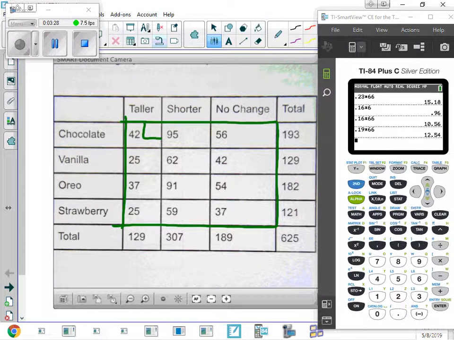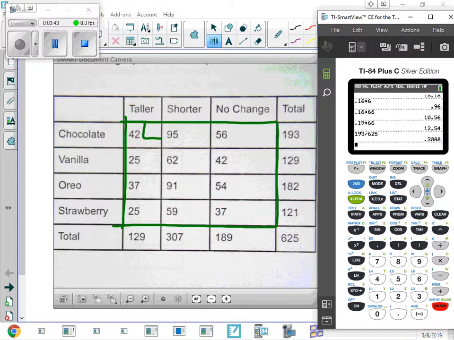Well, I need to figure out how many people preferred chocolate. So I'm going to take 193 and divide that by the total of 625. And I get 30.88%, or 0.3088.